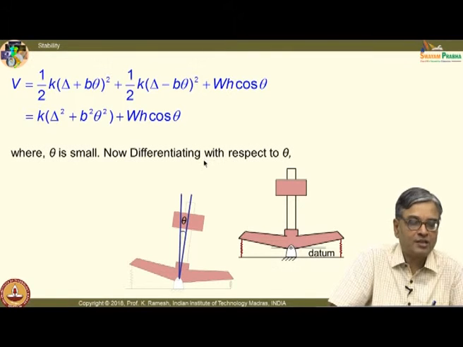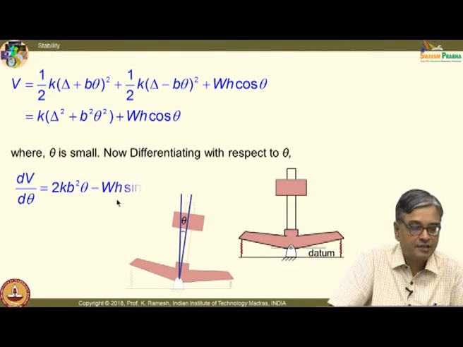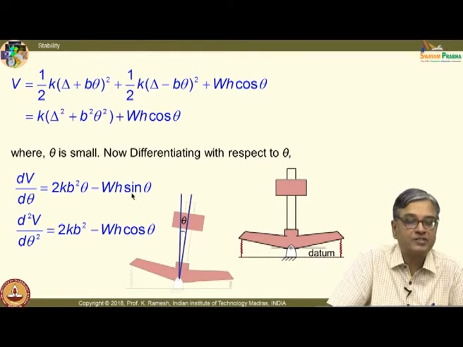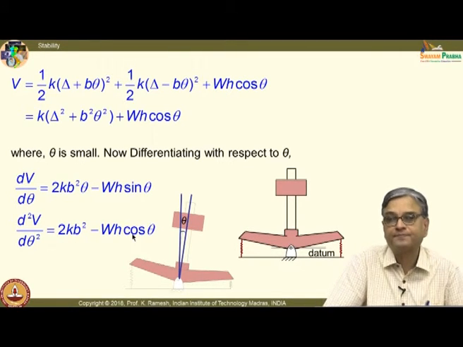I find out what is dV by d theta. Now, differentiating with respect to theta, I get dV by d theta as 2 k b squared theta minus w h sin theta, and d squared V by d theta squared is given as 2 k b squared minus w h cos theta.